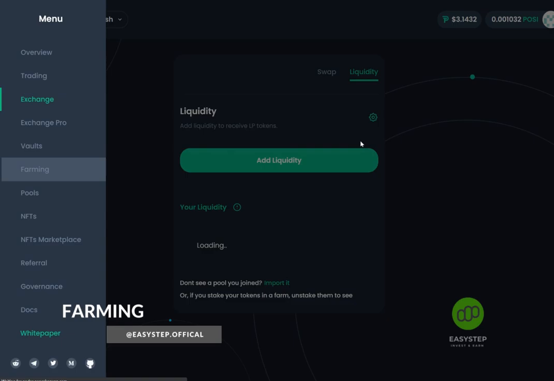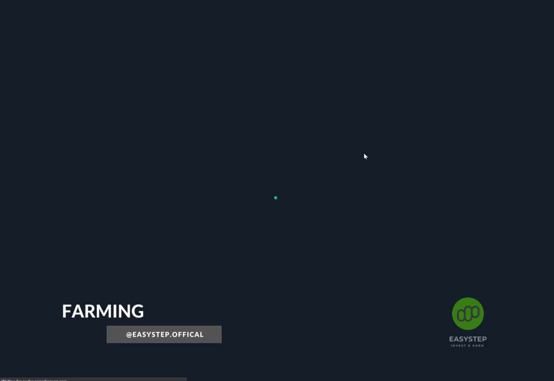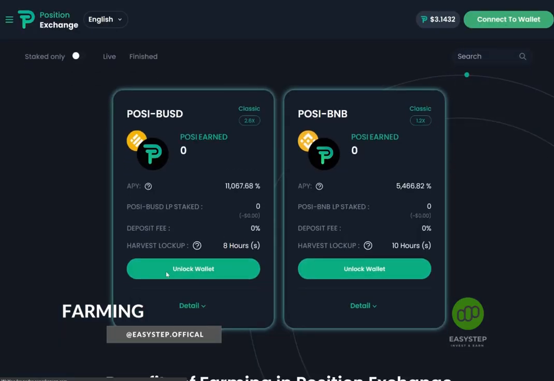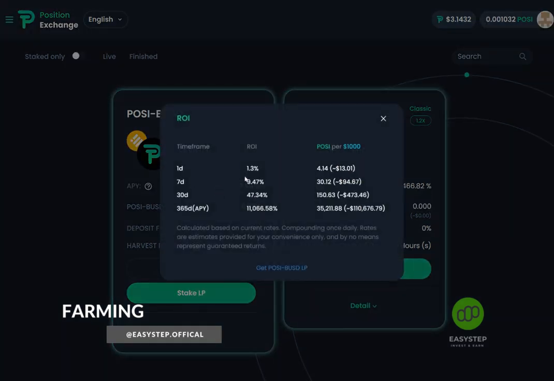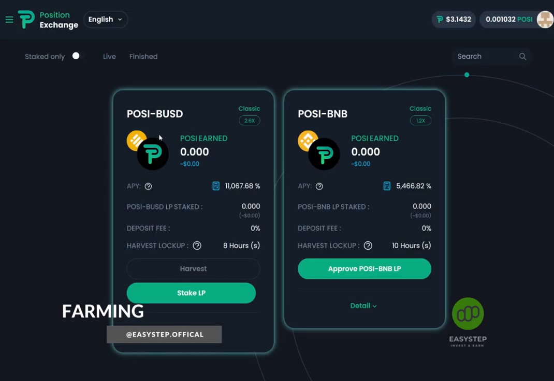And once you have your LP token, you'll come back over to the farm and click approve, of course, and then stake LP. And once you stake, you'll begin earning a daily reward of whatever is listed here. So that's how the farming pool works. I'll go over strategies later on for how you can profit the most from POSI using this.